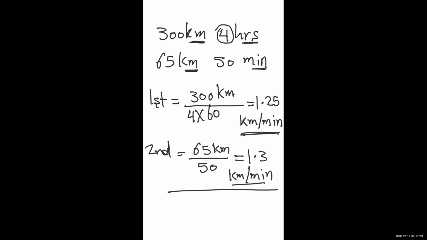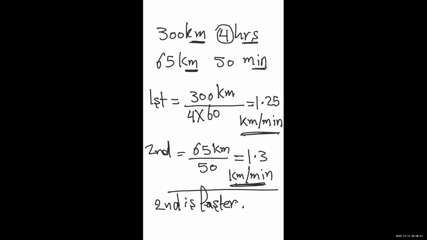First or second? This one is 1.25 kilometers per minute, and this one is 1.3. So of course the second is faster, right? Because its speed is greater than the other one. Okay, so now these points are clear? Yes. Okay, very good.